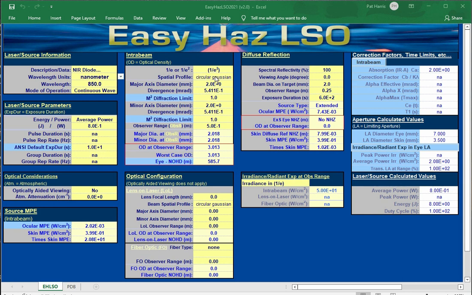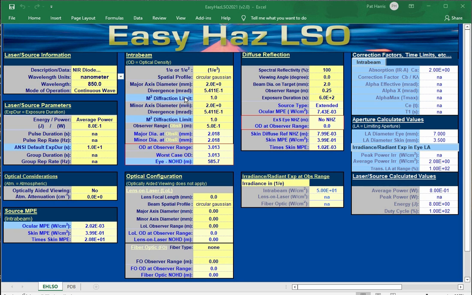Now we've selected 1 over e squared because if we're not given that information, 1 over e squared will give us our most conservative and realistic result. Circular Gaussian, we know that we have a beam diameter of 2 millimeters, but we don't know what the divergence is. So that tells us we're going to set the M squared beam propagation factor, or beam quality factor, to 1. That's the theoretical limit for M squared.